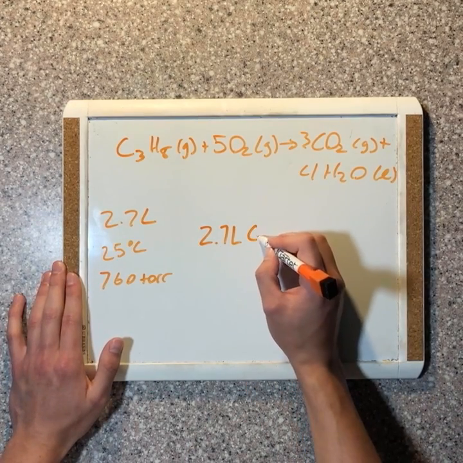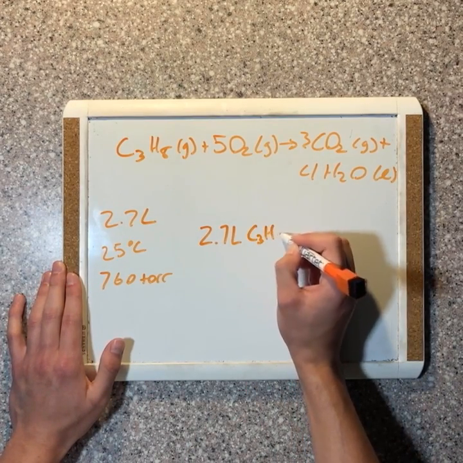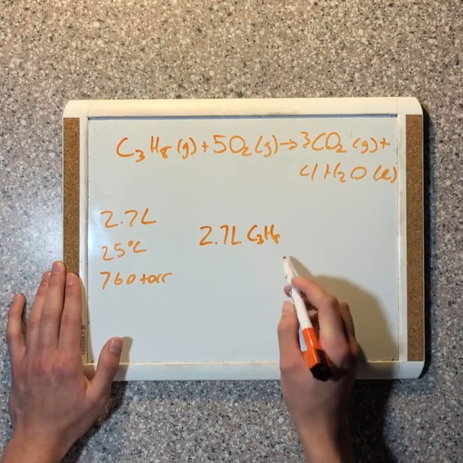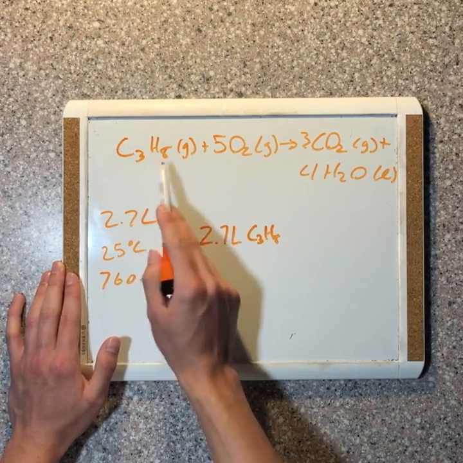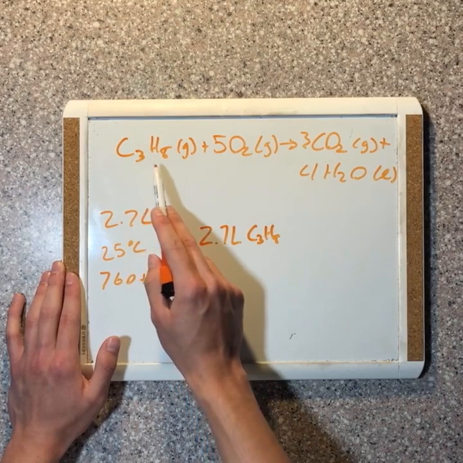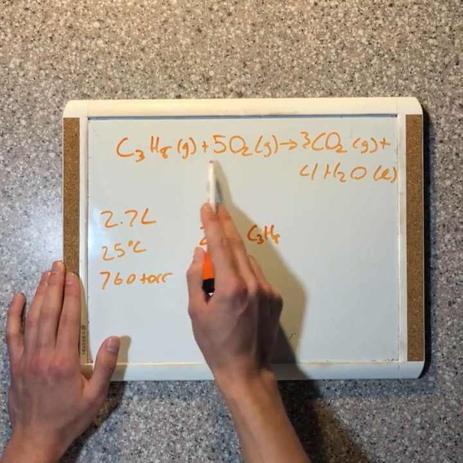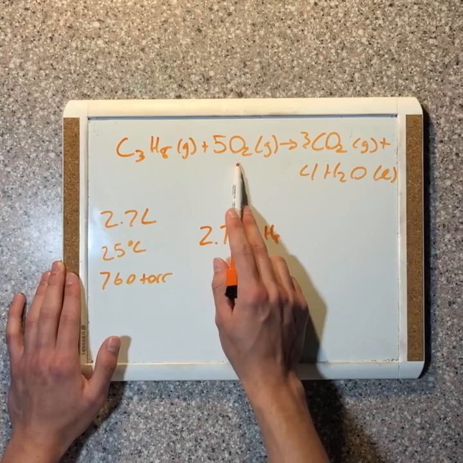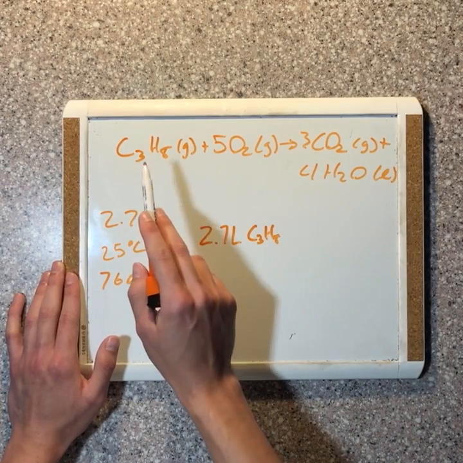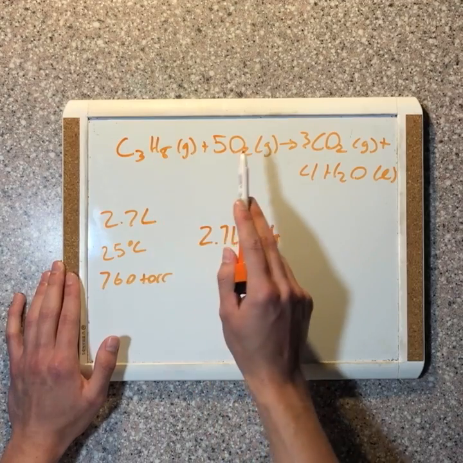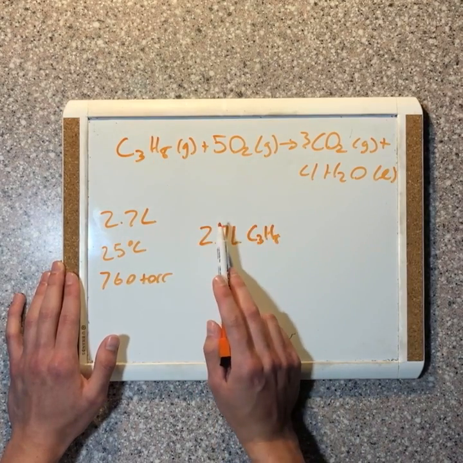So we have our propane, and it is 2.5 liters. Now, if we had grams here, we would say that 1 mole reacts with 5 moles of oxygen, right? So if we were dealing in grams and moles, we could say, oh yeah, 1 mole of propane is going to react with 5 moles of oxygen.